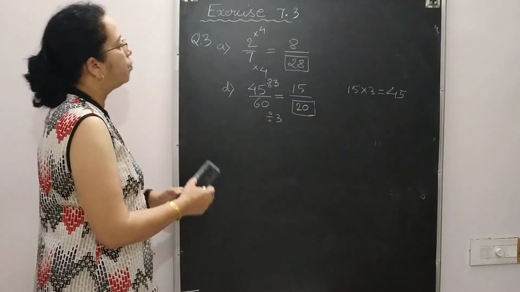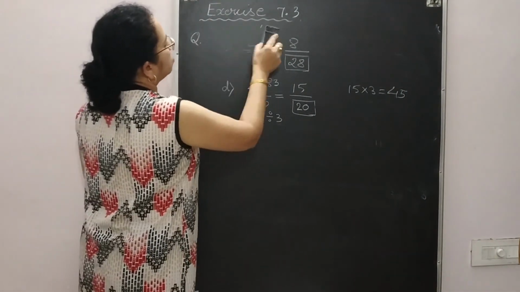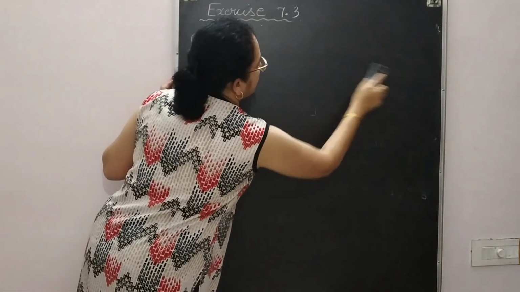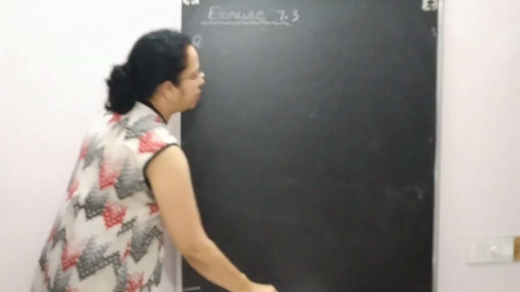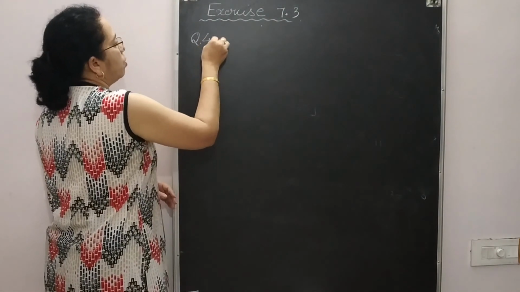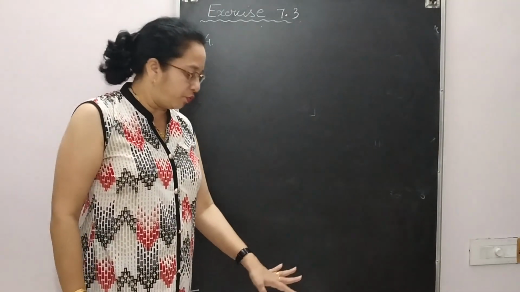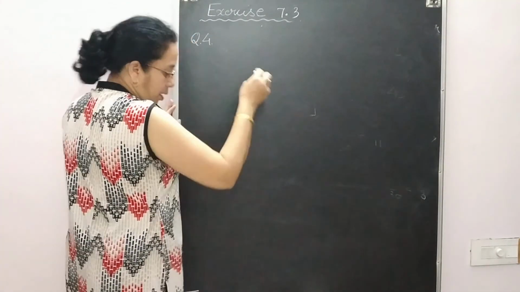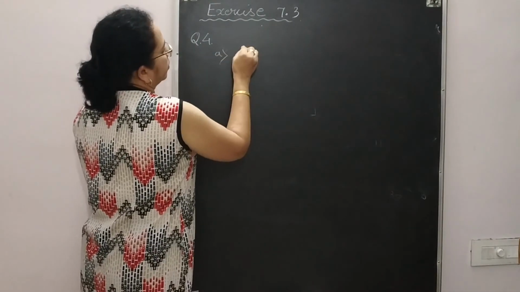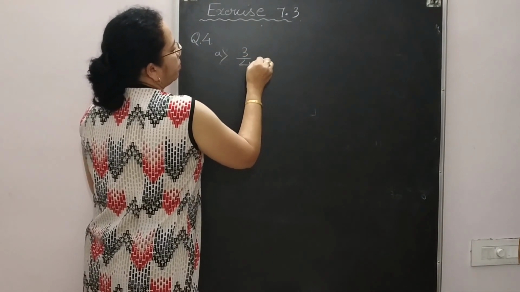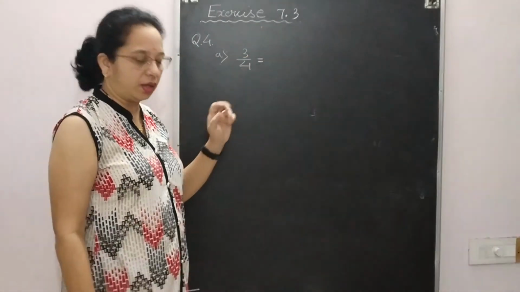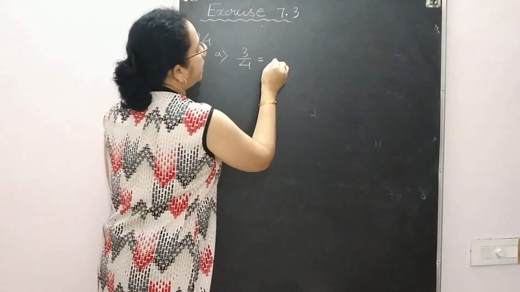Question number 4. See, all these questions, the way of solving is the same but the way of asking is different. In question number 4, it is asked, find the equivalent fraction of 3 upon 4 with denominator 20.